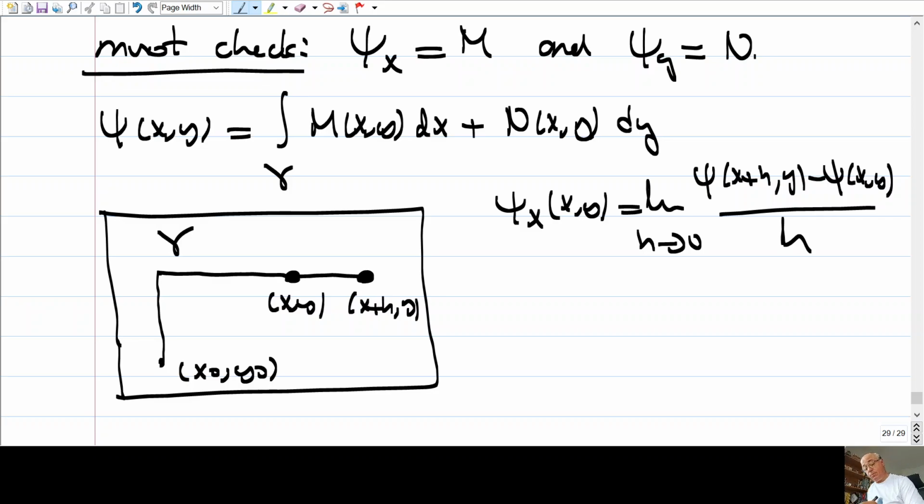So this is my gamma, and this part, let's say gamma h, the small part. So let's see how things work.